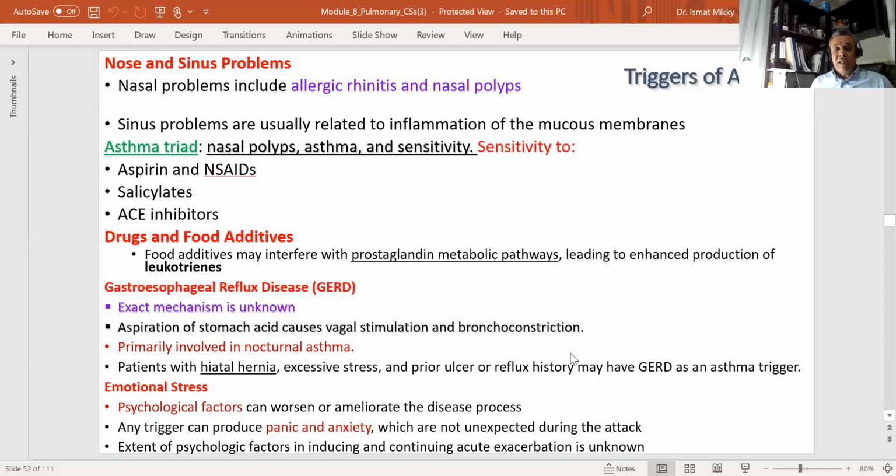When removed for asthma patients, the removal of these polyps has good control and promising results in terms of the frequency of the asthmatic attacks and the control of the asthma disease. So the removal of these large polyps for asthma patients can result in a good control of the disease.